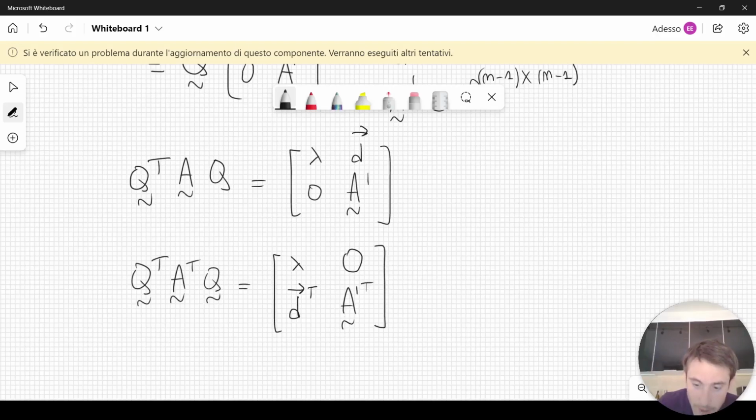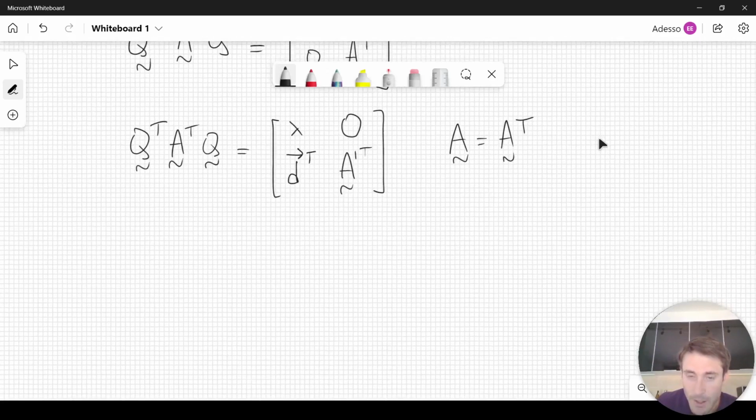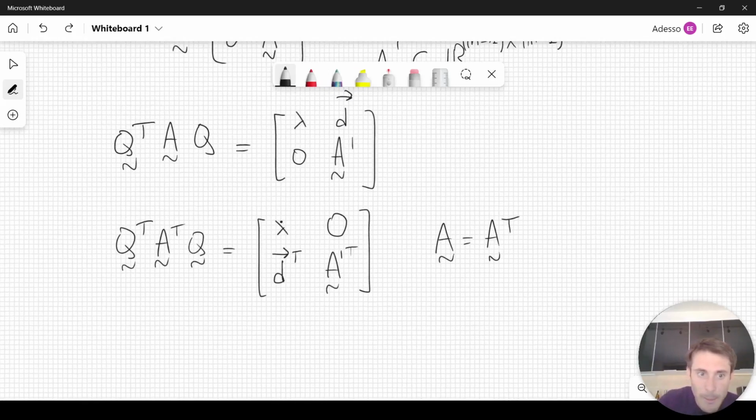But we know that A is equal to A transpose because, as we said at the beginning of this video, A is a symmetric matrix. It's a real symmetric matrix. And now what we can do is the following. Since this is true, then it means that this matrix here should be equal to this matrix here.